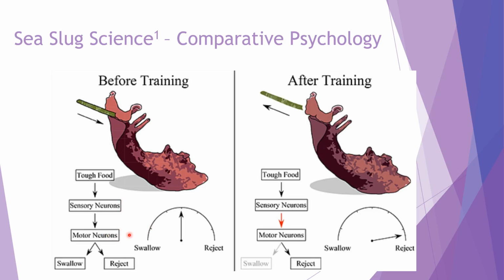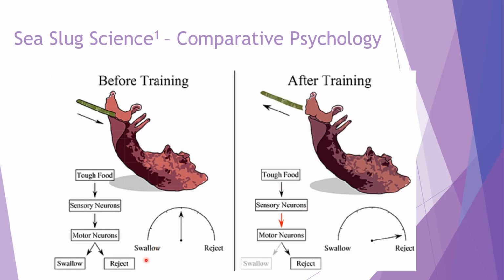That then tells the motor neurons to spit the food out or to avoid it or ignore it if it's not edible, or if it is edible, if it can be swallowed, go ahead and eat it so you don't go hungry. Over time, giving a sea slug the plastic wrapped seaweed will make it learn that that feeling of plastic is not something it should be taking in.